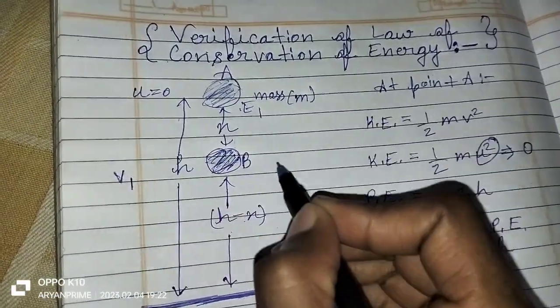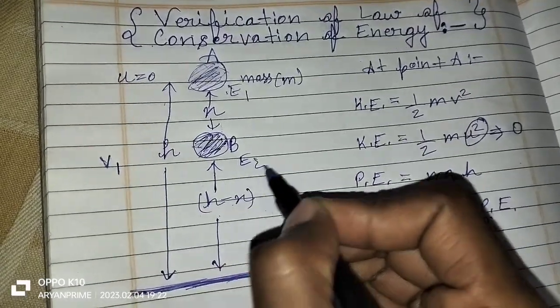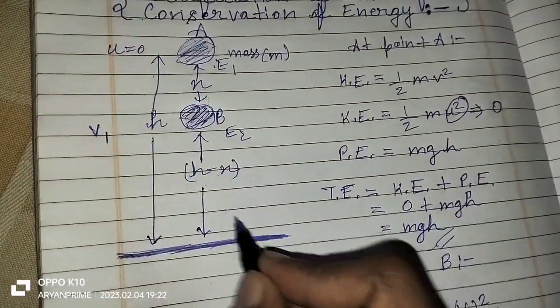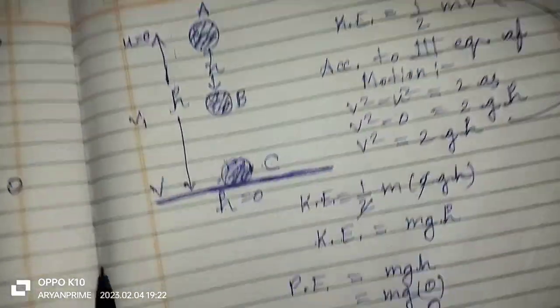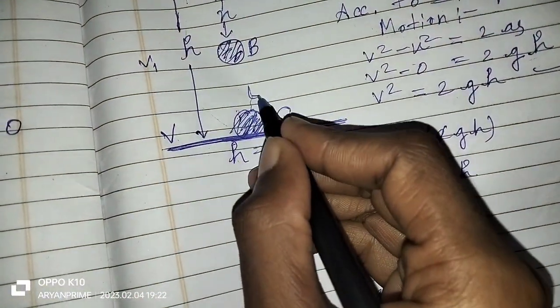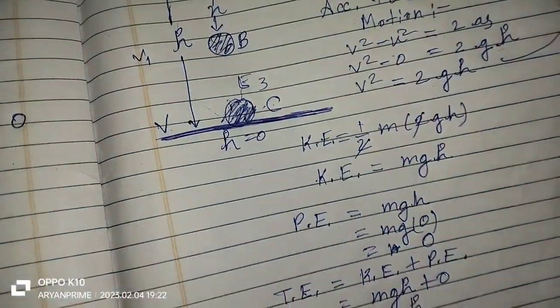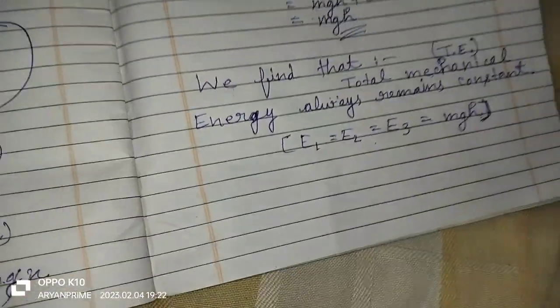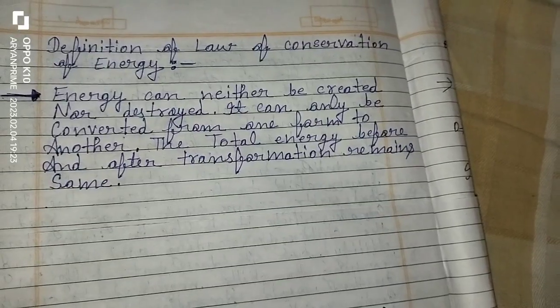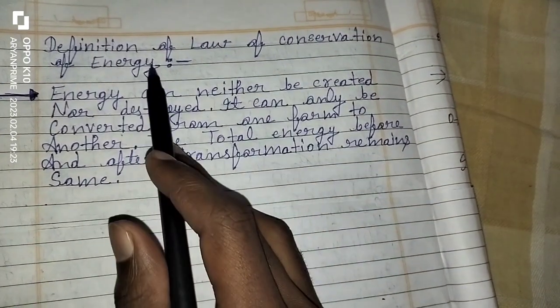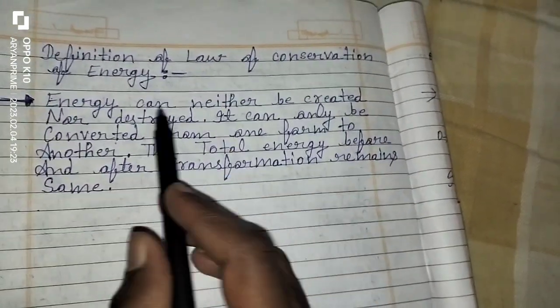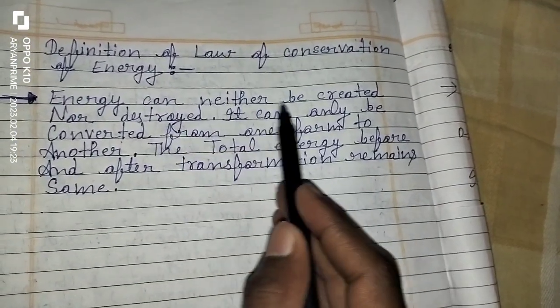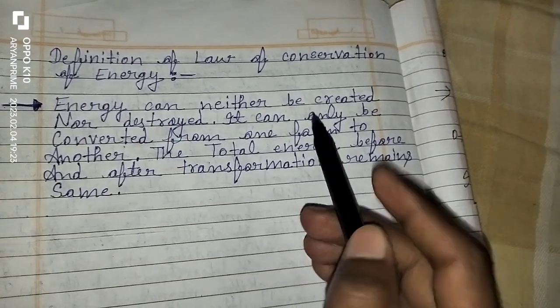Actually what happens, friends, as the body falls, the kinetic energy increases and the potential energy decreases, and the potential energy changes into kinetic energy. At point C, the energy is totally kinetic energy. So we find the definition of the law of conservation of energy, which says that energy can neither be created nor destroyed.